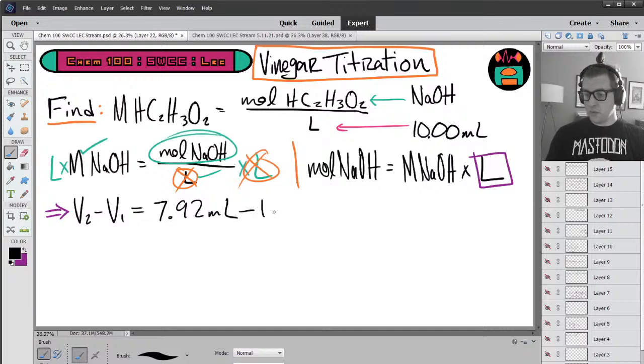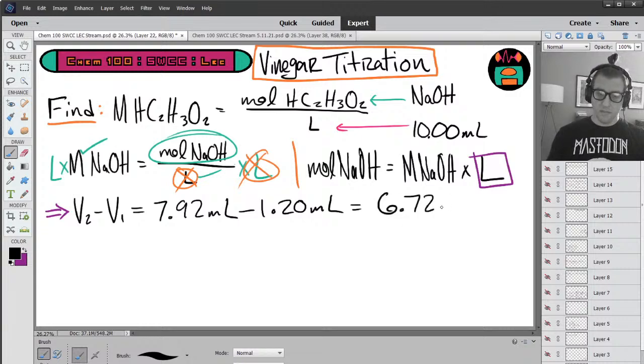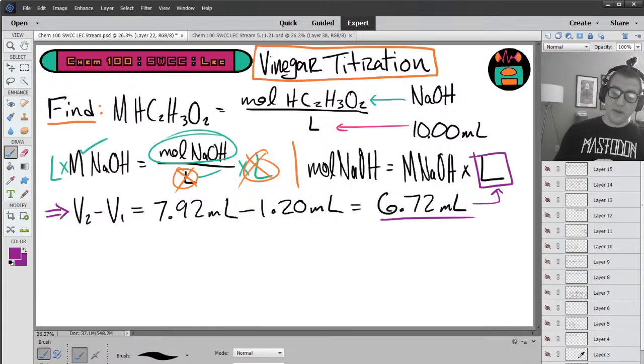Our initial volume was 1.20 milliliters. So this comes out to be 6.72 milliliters is our volume.